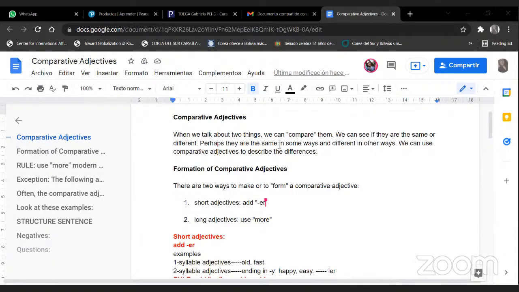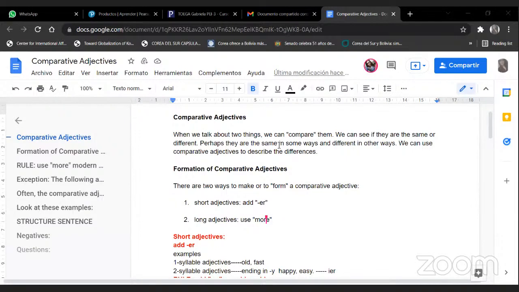Taller means más alto, okay? So that is the difference between the adjectives when we use comparisons. When we have long adjectives, we only use more, and after more, we put the adjective. For example, more intelligent, más inteligente, okay?